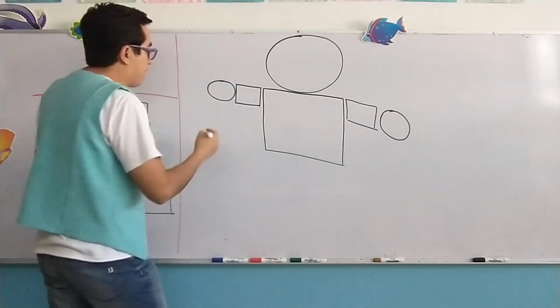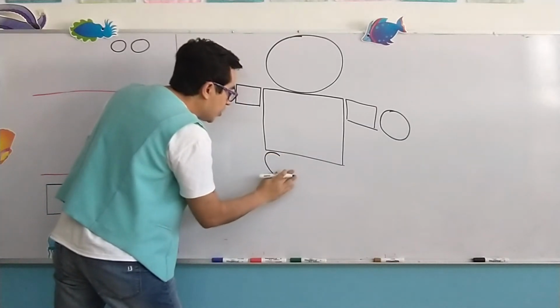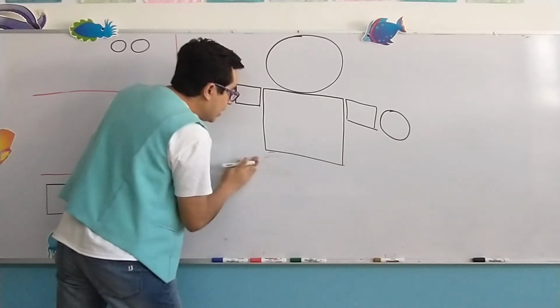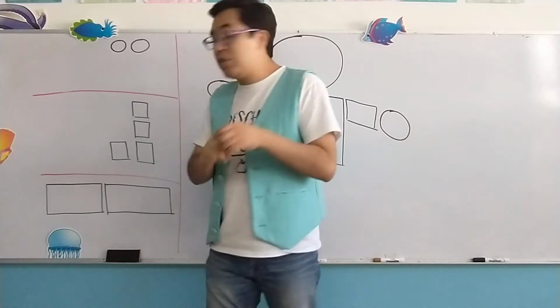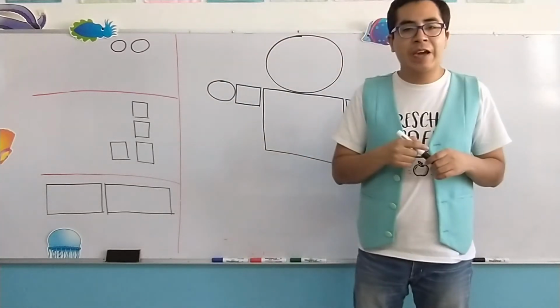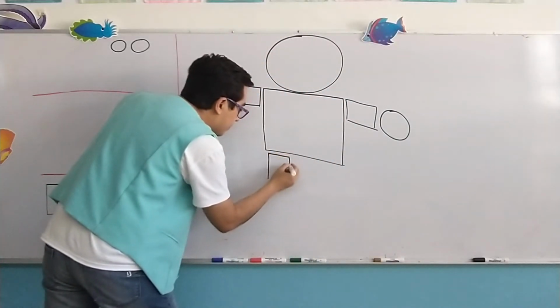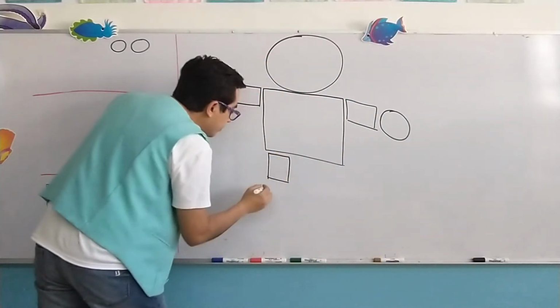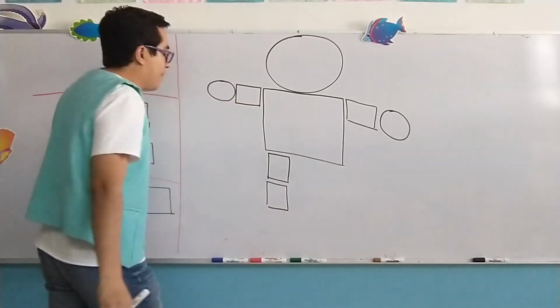So, I'm sorry. For this, it's better if we use squares. Let's use squares for this, okay? One square, two squares, okay? Very good.